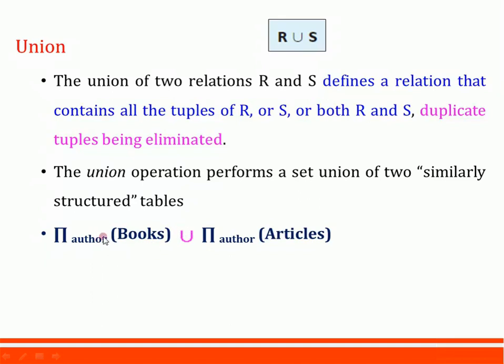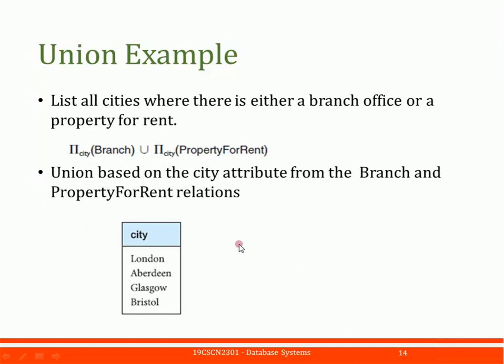After projecting the authors, you are going to combine the authors who are present in books, articles, or both, and the duplicates will be eliminated. So from the given example of branch and property for rent, I have listed only those cities which are present in the branch and the property for rent relations. So the union is going to combine attributes from two relations.